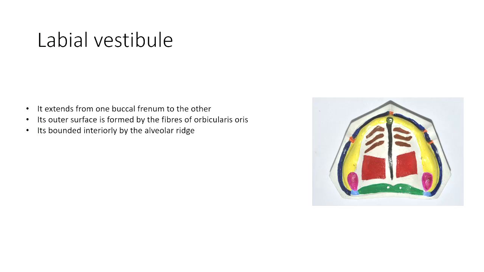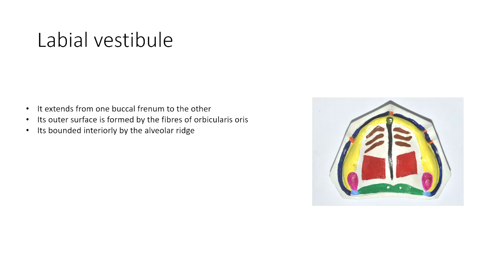The anterior most one represents your labial frenum, and the ones to the side are your buccal frenums. In this image, the labial vestibule extends from the left orange patch to the orange patch on the right side.